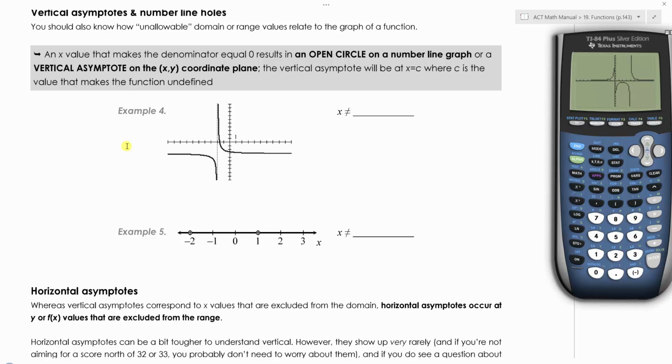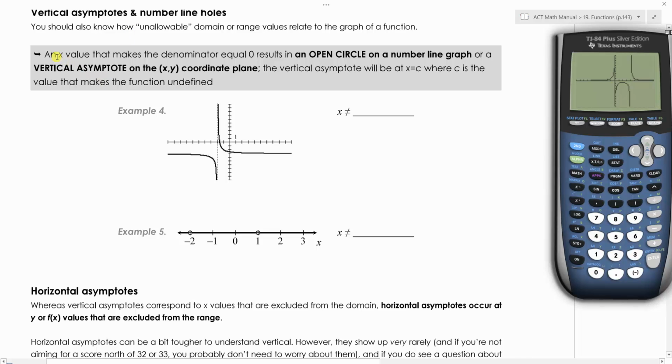There is a little bit of a difference between vertical and horizontal asymptotes that's a little bit beyond the scope of the ACT. For instance, one big difference between the two is that a graph can actually cross its horizontal asymptote, whereas a graph can never touch its vertical asymptote. Again, not so important that you understand that for this test. And if you're interested to know more about that, Google it.